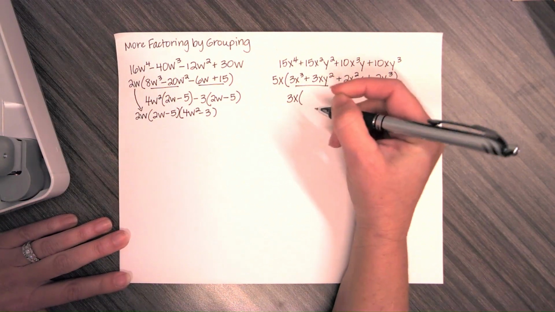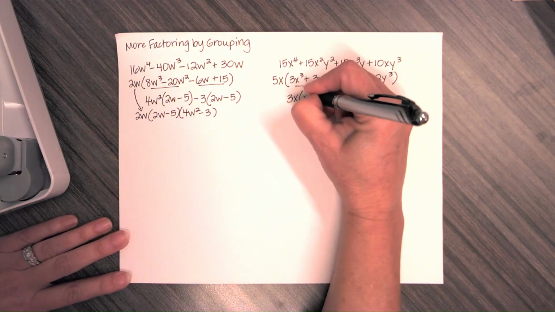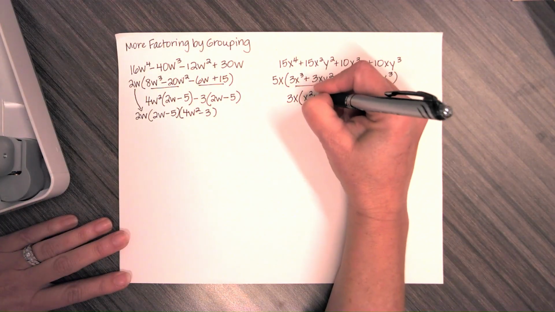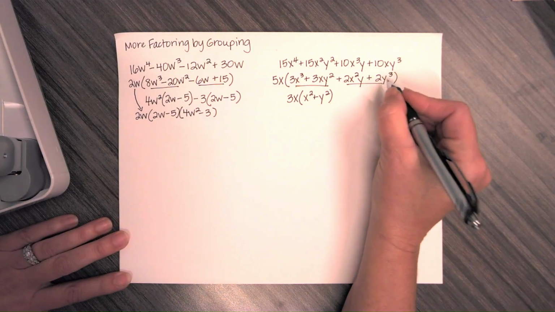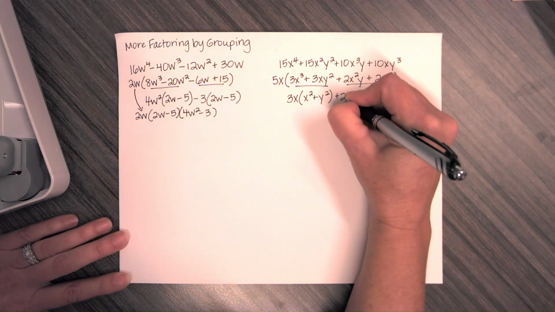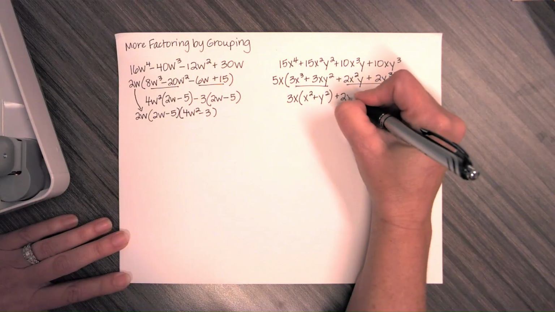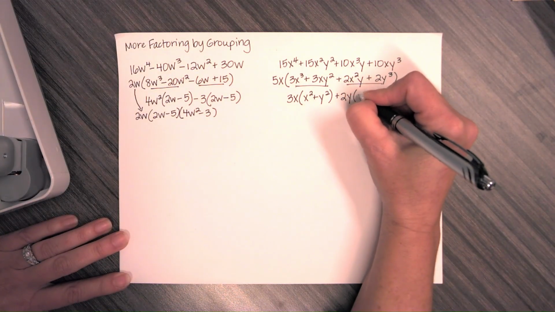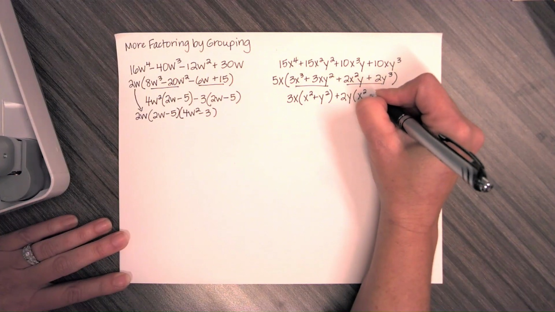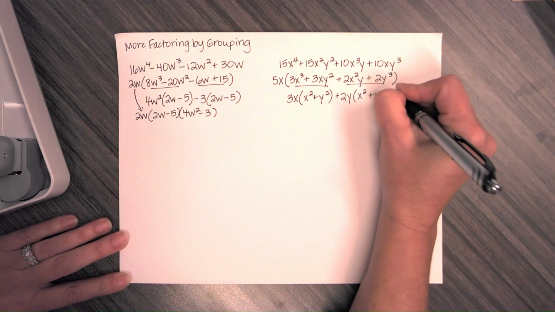So 3x is my greatest common factor, which will leave me with x squared plus y squared. Out of my second group, it looks like I can take a positive 2 as well as a y because they both have y's. All right, that's going to leave me with x squared plus y squared.